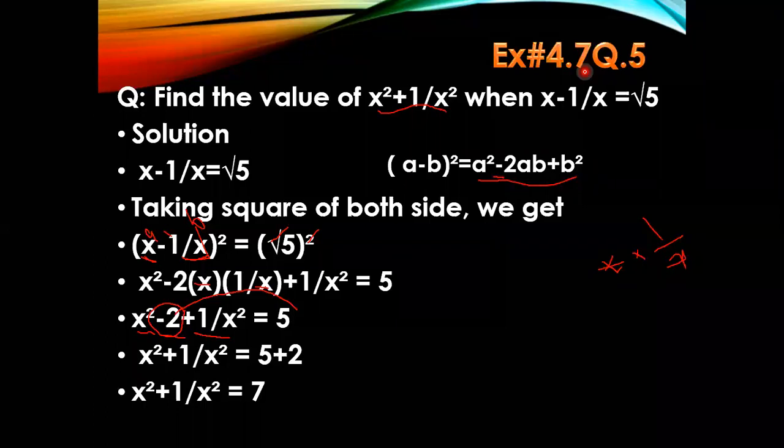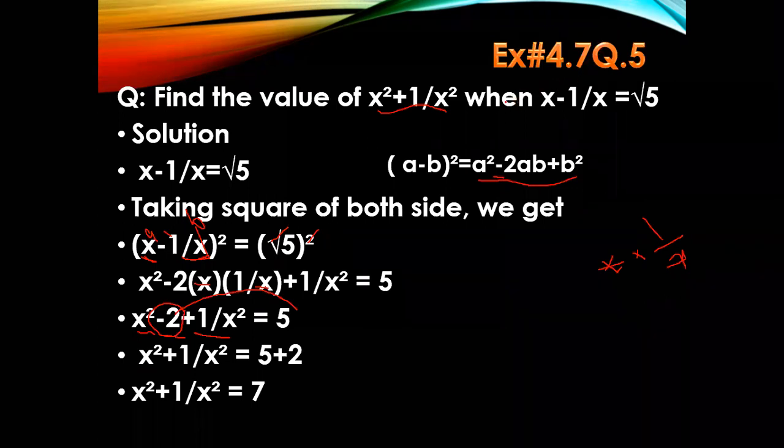Is there any problem in applying the formula? What I'm telling you is to identify your terms, term A and term B. When you identify which terms are given, A, B or whatever, you can simply apply your formula. Understand? Okay, now move on to the next question.